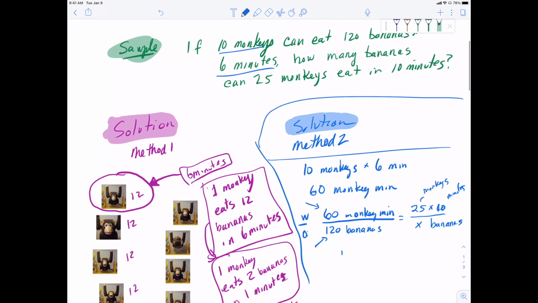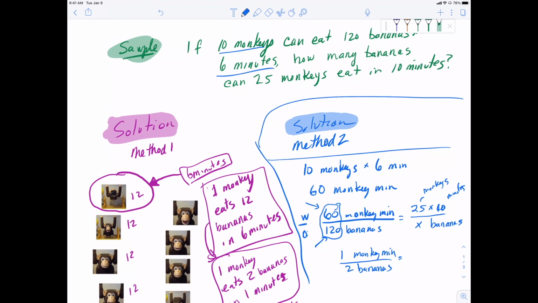So 1 monkey minute is 2 bananas. Right? So this ratio here, the 60 over 120, is always the same. We could have left it as 60 and 120. I just converted it to 1 over 2 because the math is going to be simpler. But you could have done 60 over 120, and that equals 250, which is 25 times 10, over some other number.